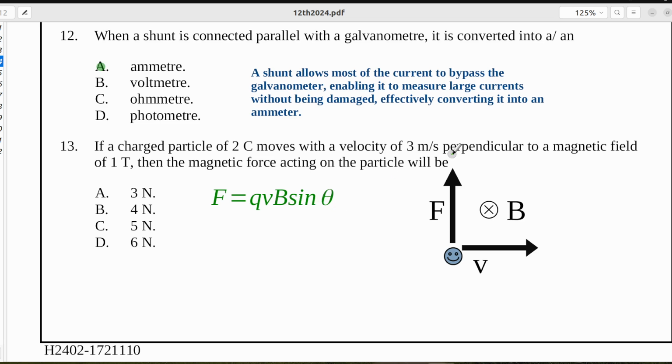As the particle is moving perpendicular to the magnetic field, our theta is equal to 90 and sine 90 is equal to 1. We have to put the values for charge, velocity and magnetic field only. By putting the values, we get the answer as 6 Newton. So the correct option of MCQ 13 is option D, 6 Newton.